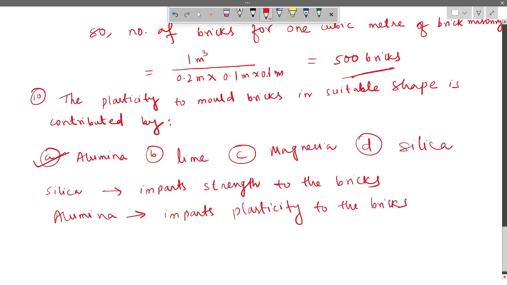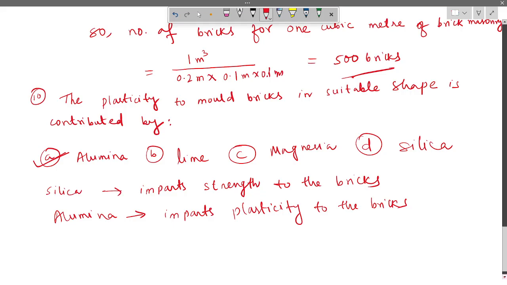What will be the function of lime? Lime causes silica to fuse during the burning and binding particles together, and magnesia gives the yellowish tint to brick, and iron oxide gives the red color and improves impermeability and durability.